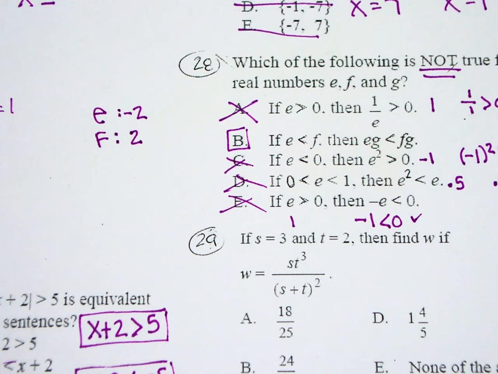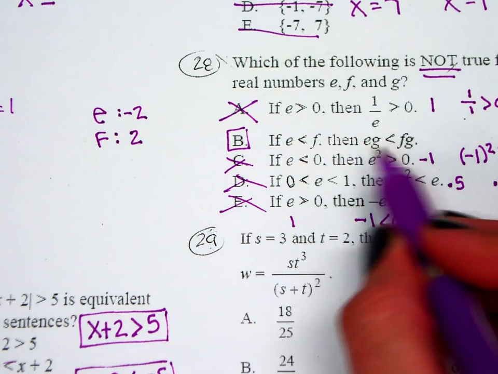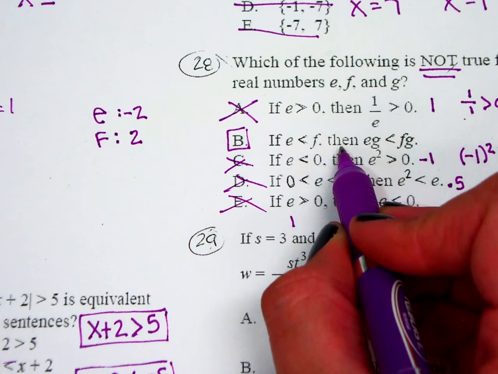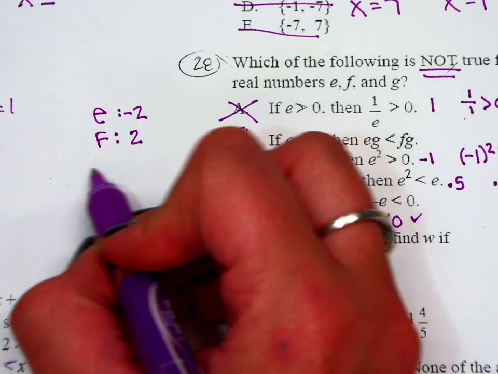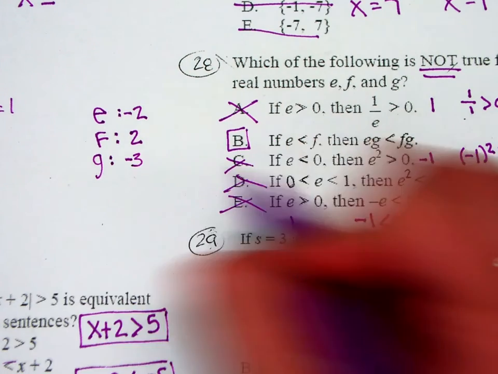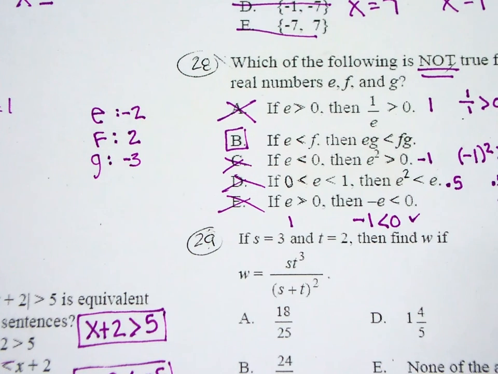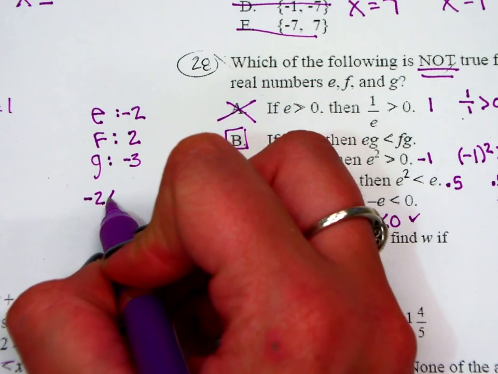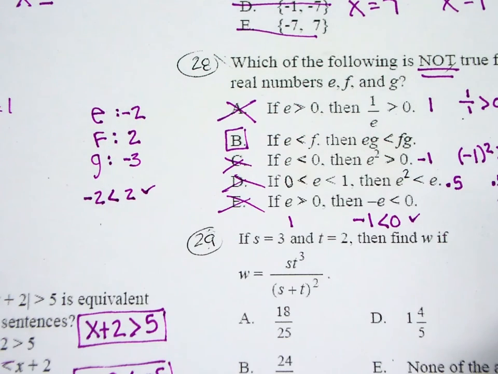All right. So let's plug in here. E is less than F, so we need a value for G. So let's make G negative 3. So E is less than F. We met that requirement. Negative 2 is less than 2. That's true.